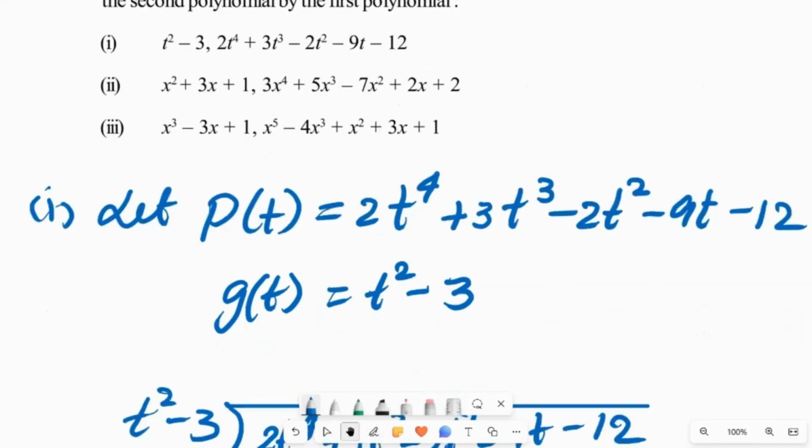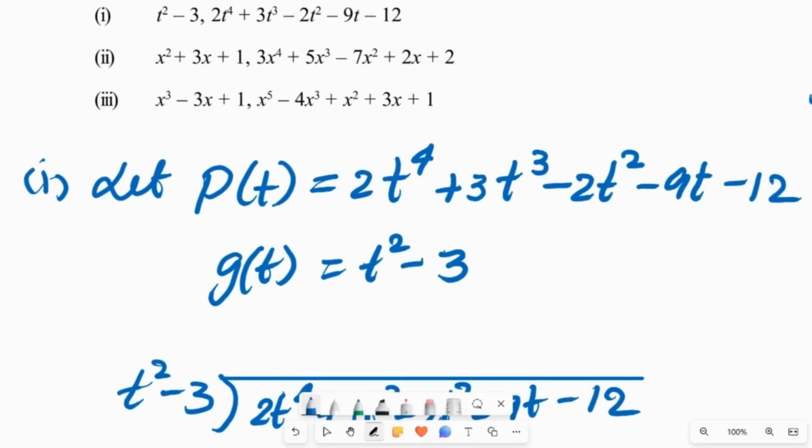In the first case, we have p of t is equal to 2t power 4 plus 3t cube minus 2t square minus 9t minus 12, and g of t is equal to t square minus 3. So to divide two polynomials, we have three rules if you have seen my last one. First, find a term to be multiplied to the first term of g of x to get the first term of p of x.